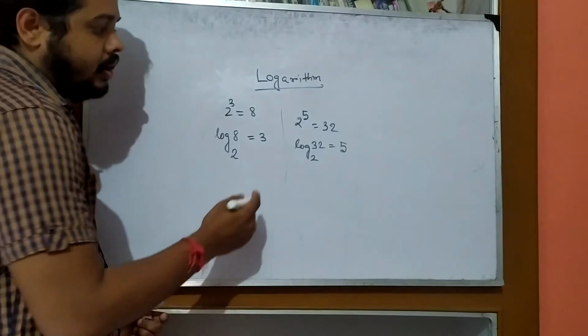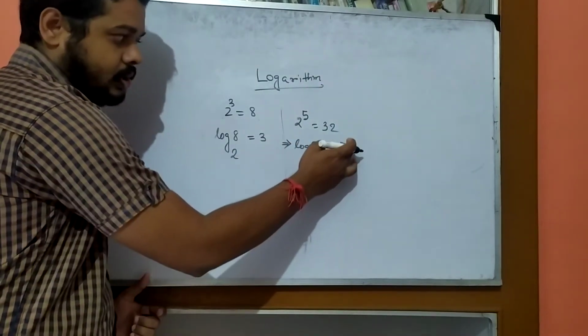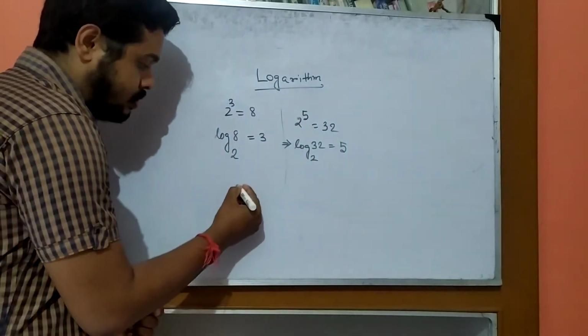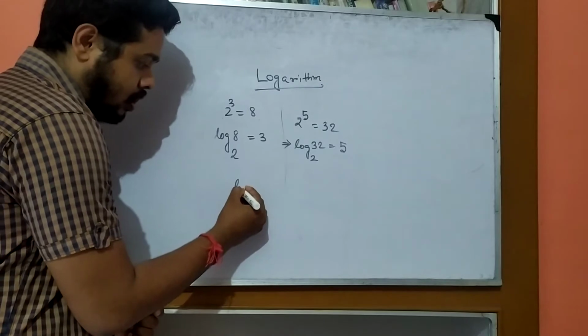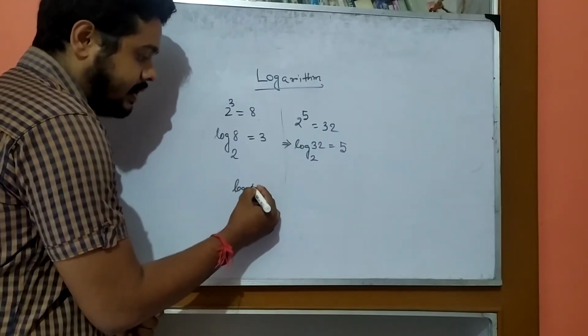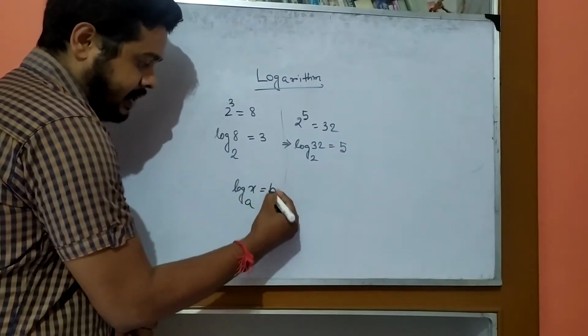Or we can say 2 to the power 5 equals 32. Suppose log x with base a equals b. What can we write from here?